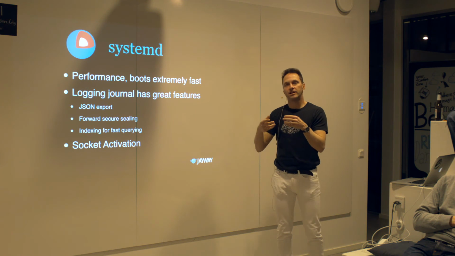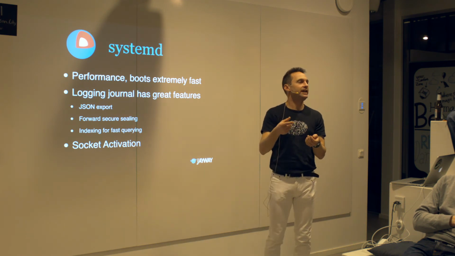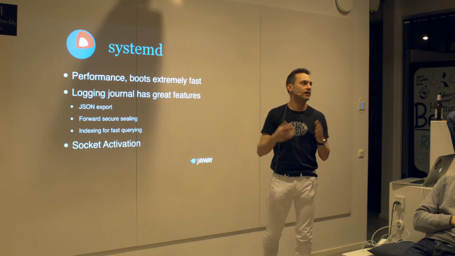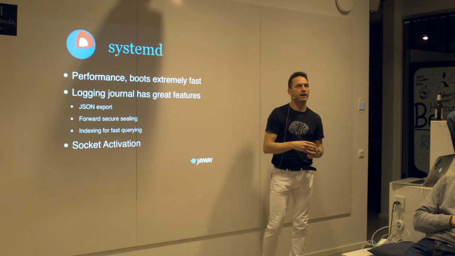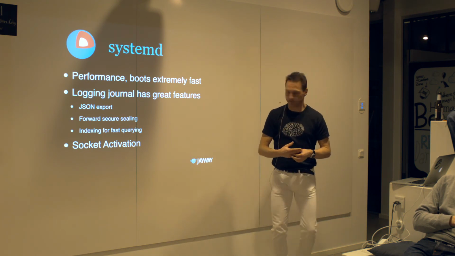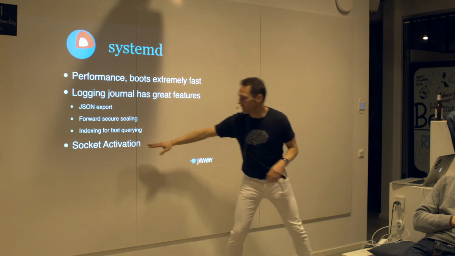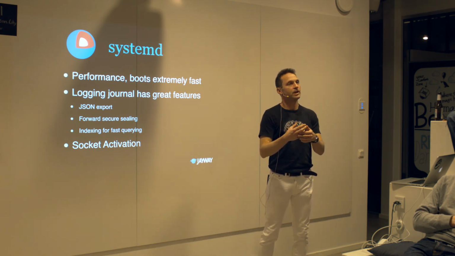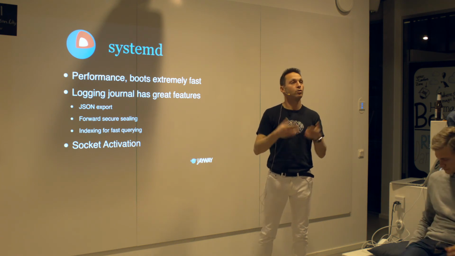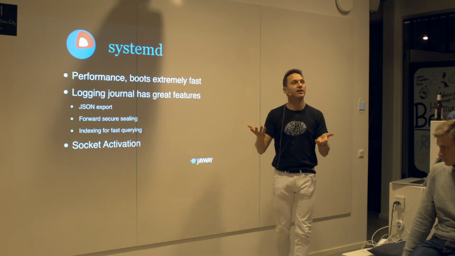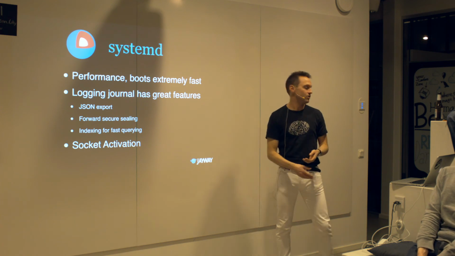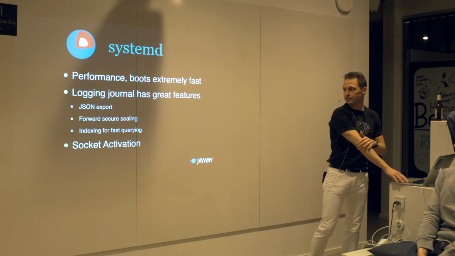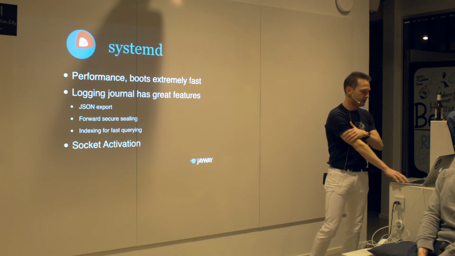It's something that's already supported in initd, if you're familiar with that. But one thing about socket activation is that it's not supported for Docker containers. It is, however, supported for Rocket containers. So that's another reason for them to start up with their own container specification.